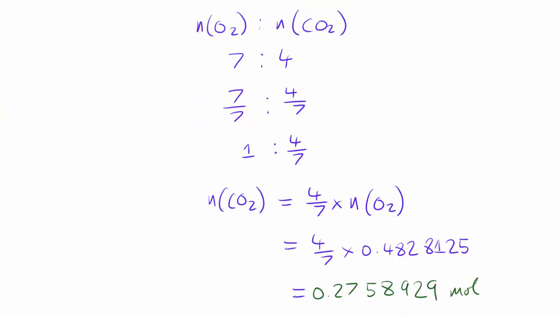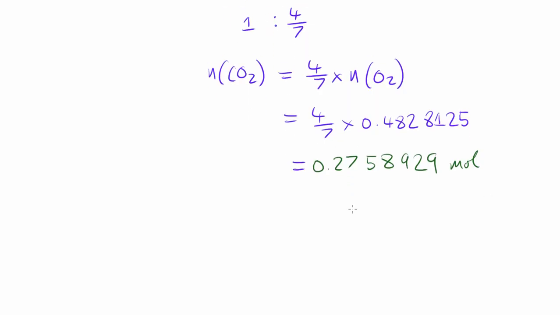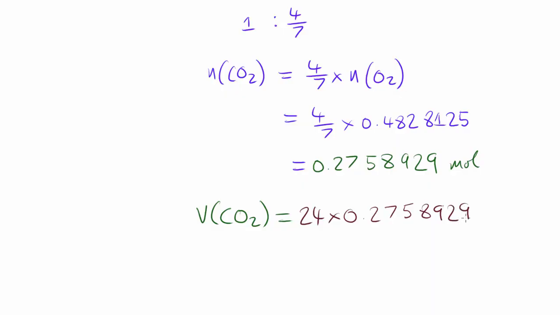So if we multiply our value of moles by 24, it's going to tell us the volume occupied by this specific number of moles. So therefore the volume of CO2 in this case is going to be equal to 24 multiplied by this value, 0.27588929.